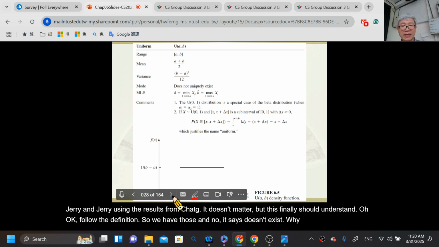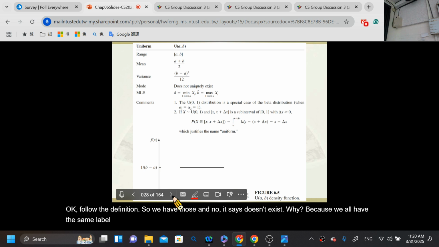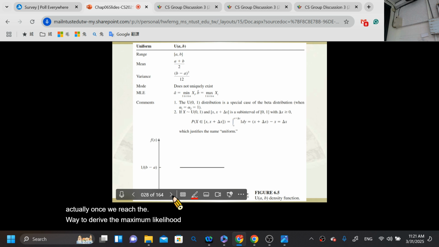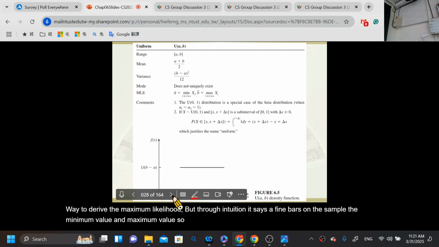Because we always have the same label, so no extreme value, so no mode. But MLE, maximum likelihood, this one actually, once we reach the way to derive the maximum likelihood, we already know. But through intuition, it says A and B can be found from the sample, the minimum value and maximum value, so we can have A and B. It makes sense, right?